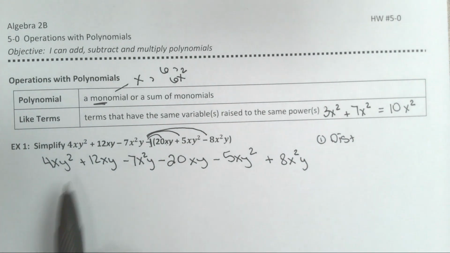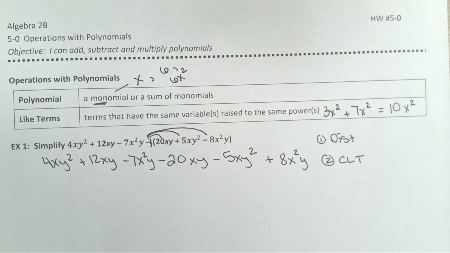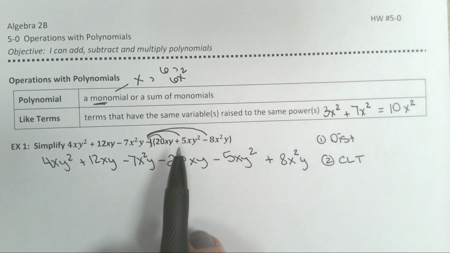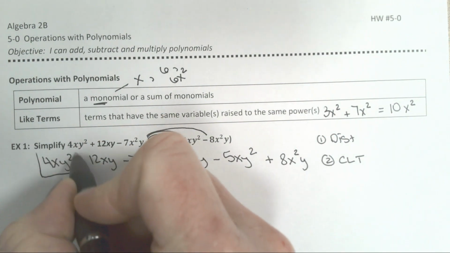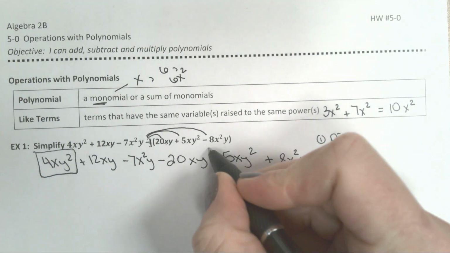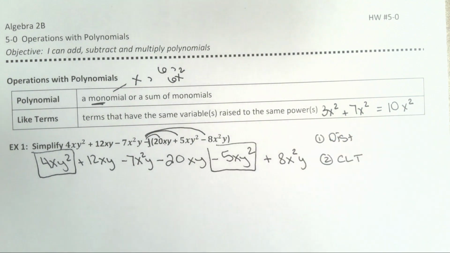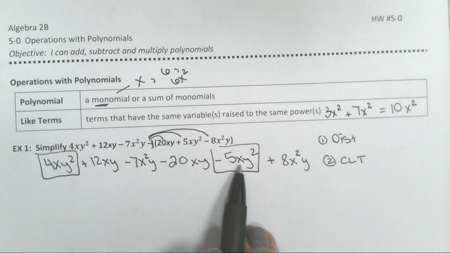So now step 2 is we are going to combine like terms. Like terms have the same variable and the same exponent. So I see a bunch of x's and y's. This xy squared is like the negative 5xy squared. So like terms have the same variable and matching exponents.